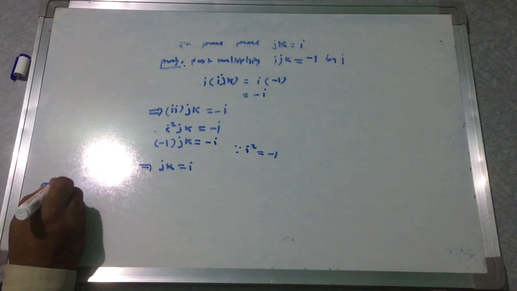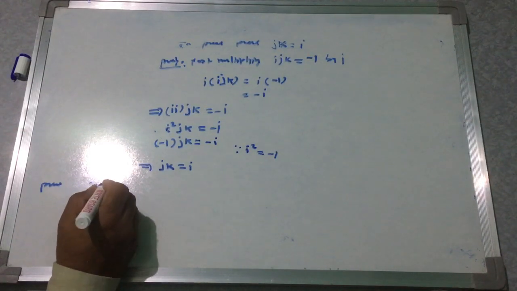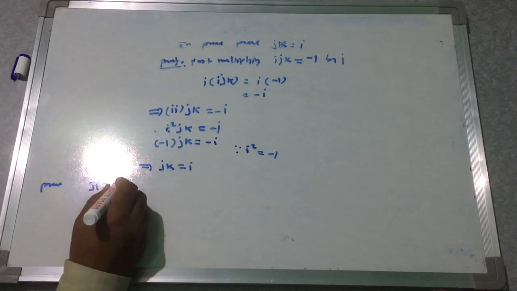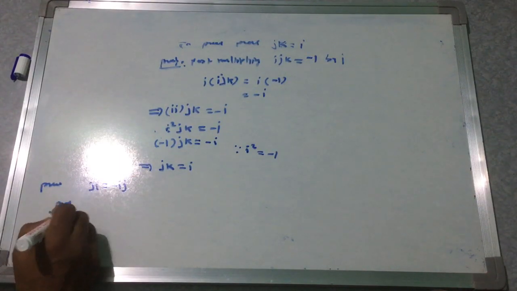Now prove JI is equal to minus IJ. Proof for this.